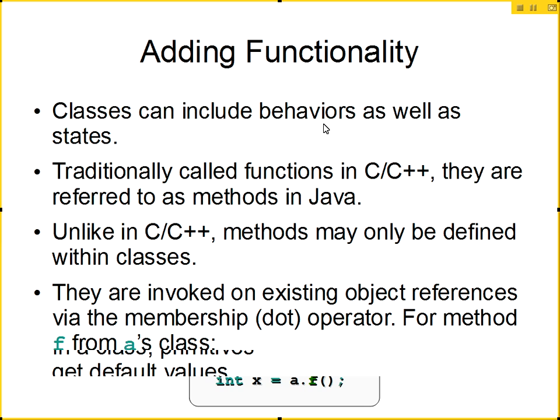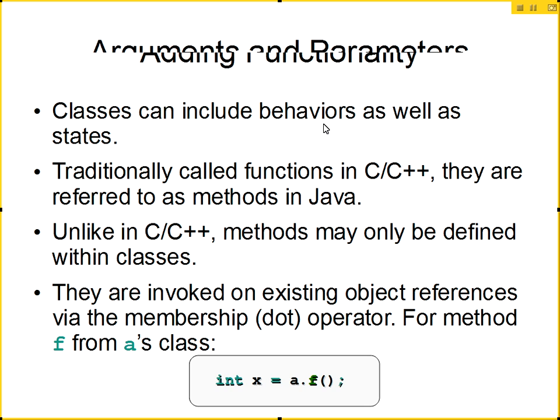We use the dot operator to invoke methods. So I've got an object reference, I use the dot operator, and then I can call the F method on an object here. And I can see that the F method will return some integer value. We've got arguments and parameters.